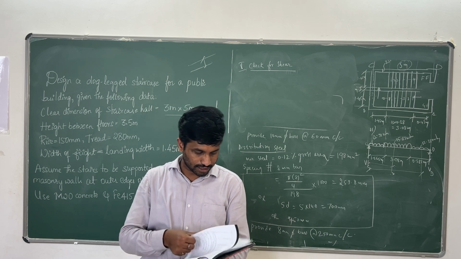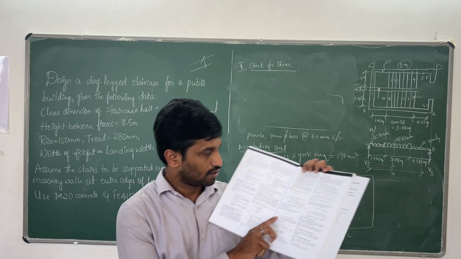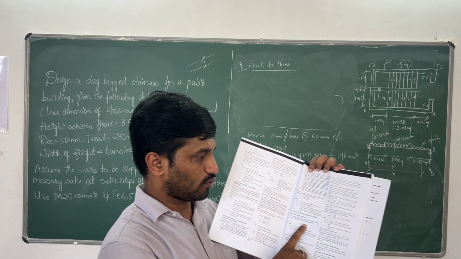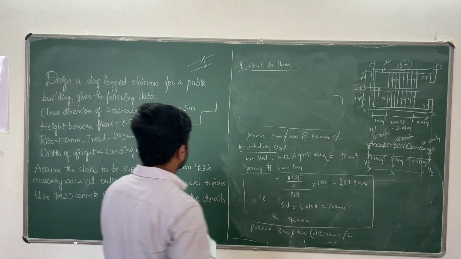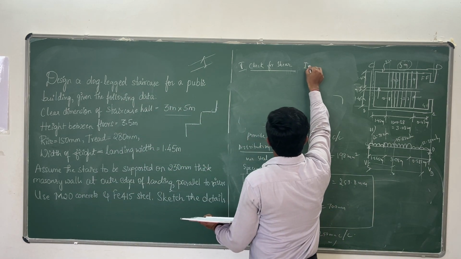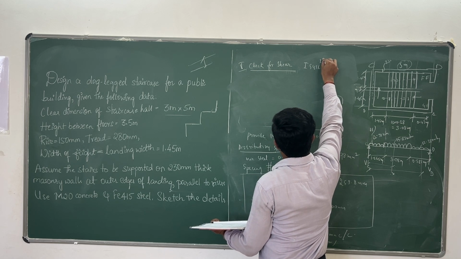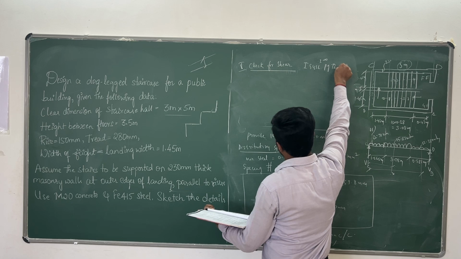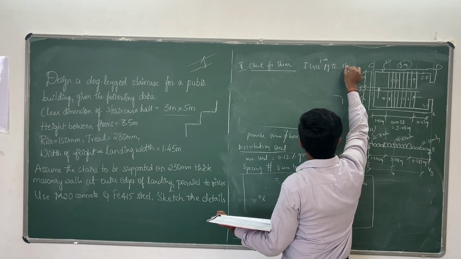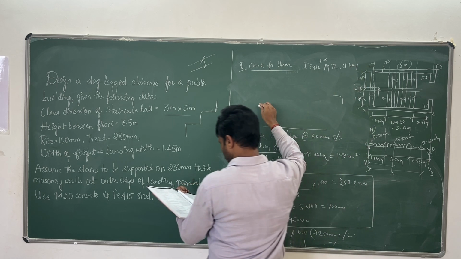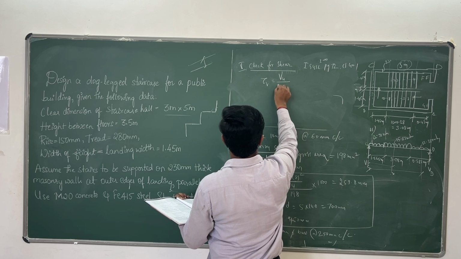See, you are having these equations here. Limit state of collapse, shear, clause 40. As per IS 456:2000, page number 72, clause 40.1, you are having an equation tau v equals Vu by bd.